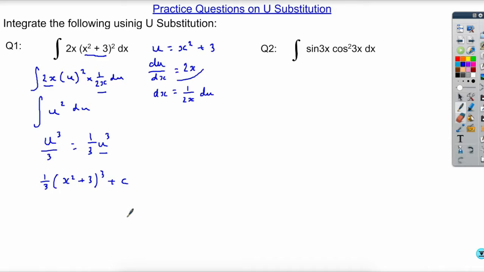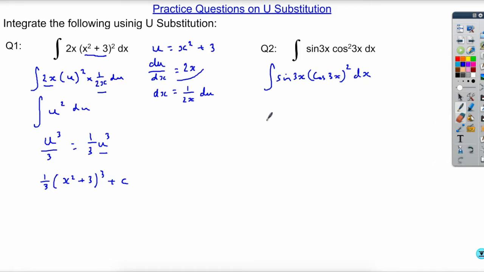Okay, question 2 looks a bit trickier. It is a little bit more complicated, but we're going to use the same method. The first thing I'm going to do is change my cos squared 3x. I'm going to write this as cos 3x all squared with respect to x.